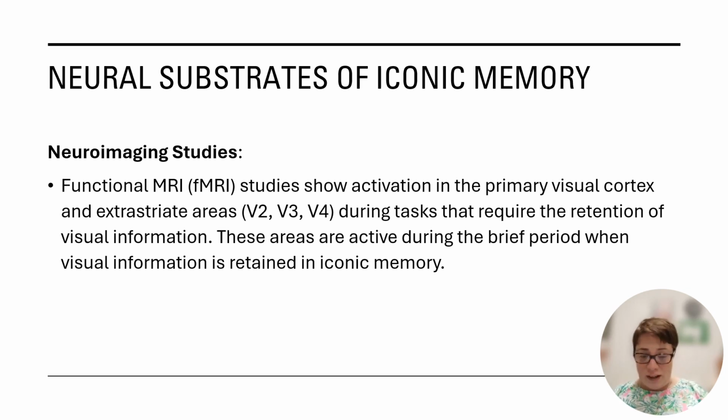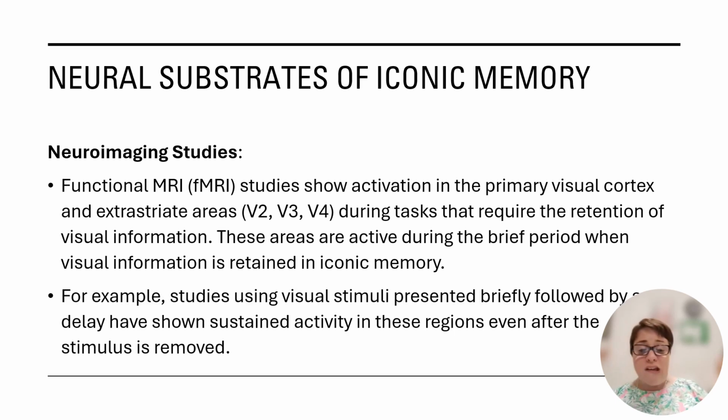So these areas remain active during the brief period when visual information is retained in iconic memory. For example, studies showing visual stimuli presented briefly followed by a delay have shown sustained activity in these regions even after the visual stimulus is no longer present.